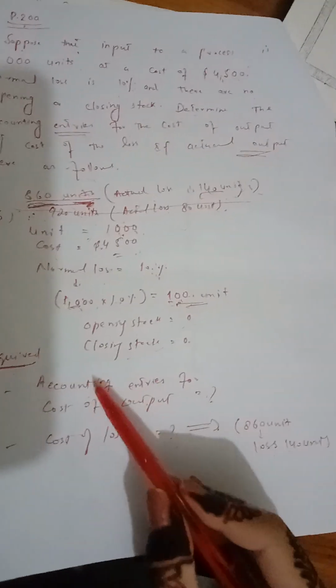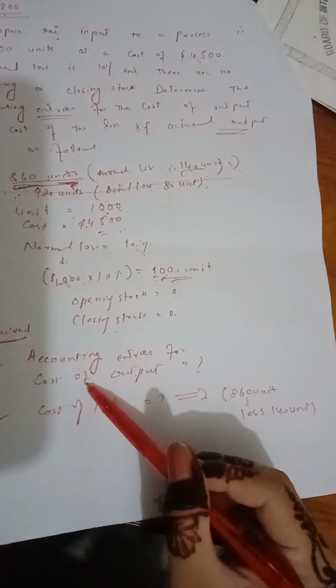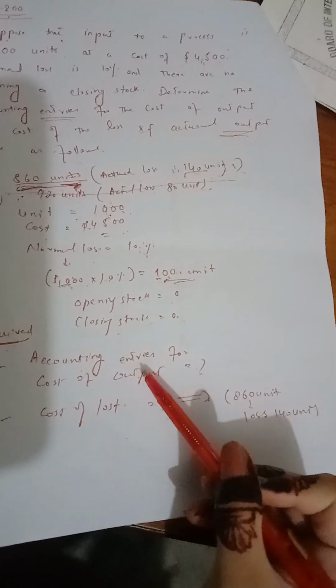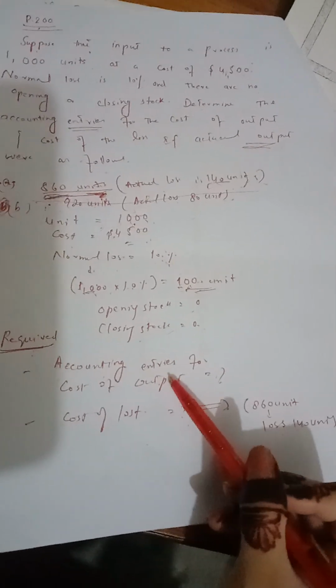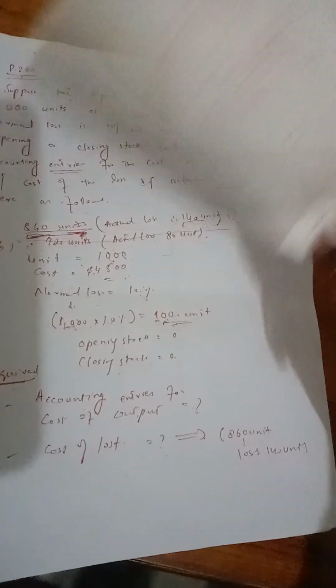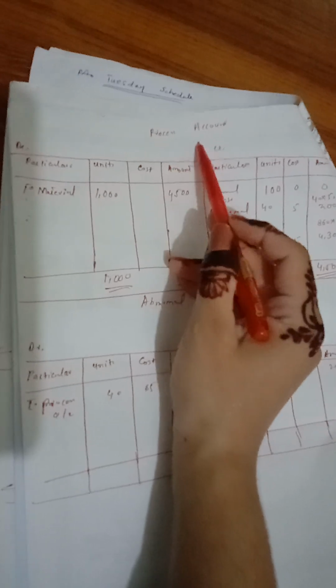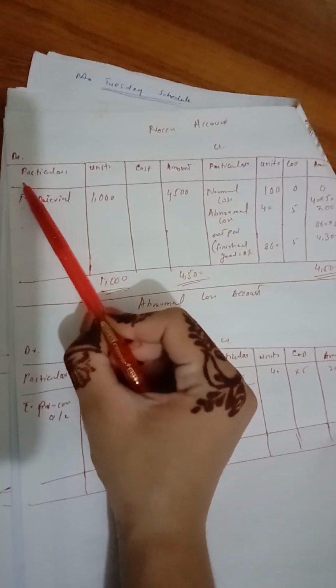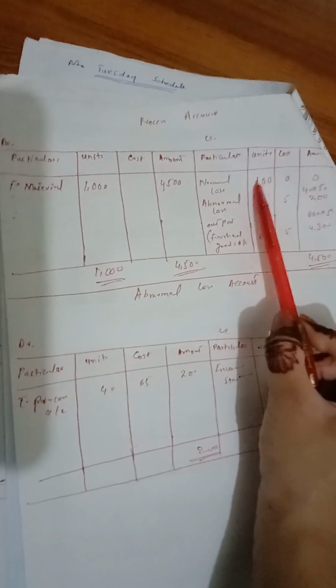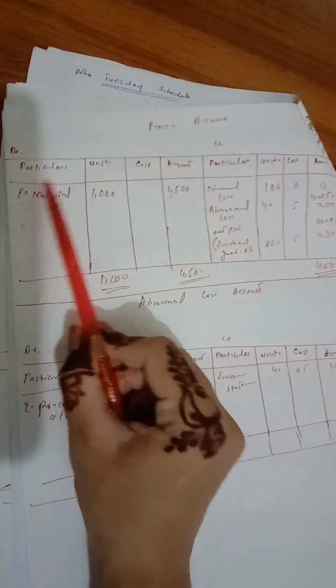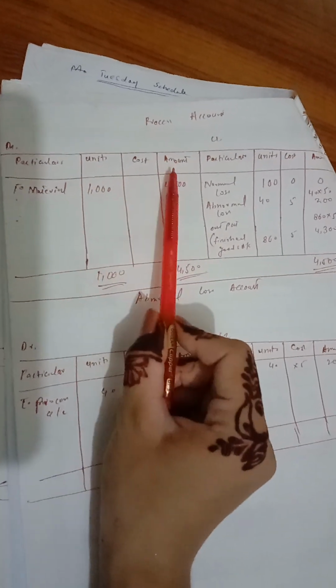For the requirement of accounting entries for the cost of output, we will make our process account. This is a debit side and this one is a credit side. The debit side includes particulars, units, cost and amount.